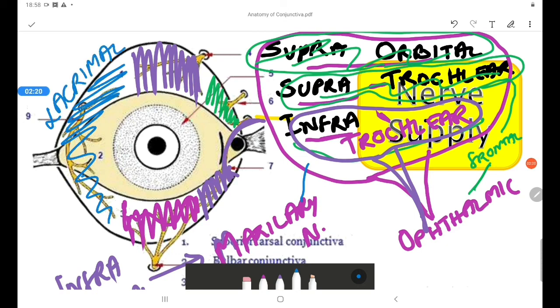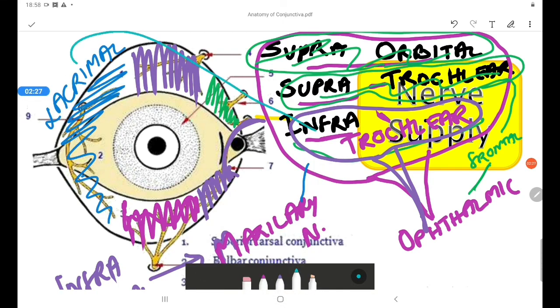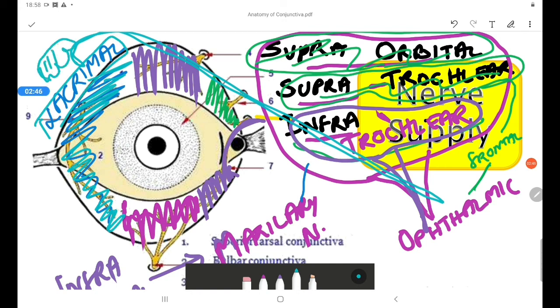This lacrimal nerve is also a branch of the ophthalmic nerve, which takes care of the lateral ends of the innervation of the lid. We also know it is the lacrimal gland, which is again situated here, so it will be easy to remember the name.